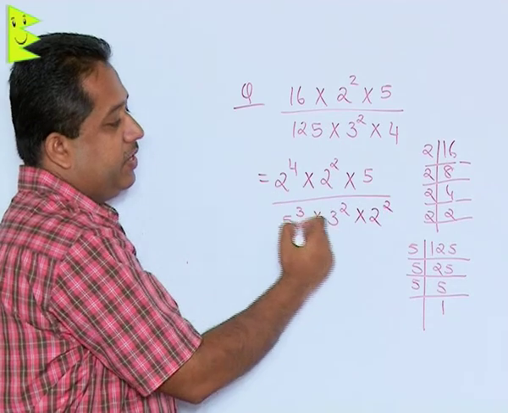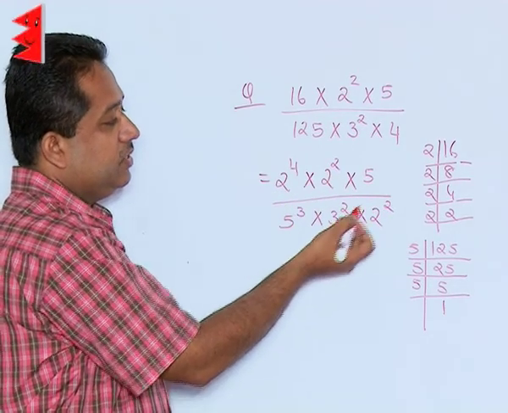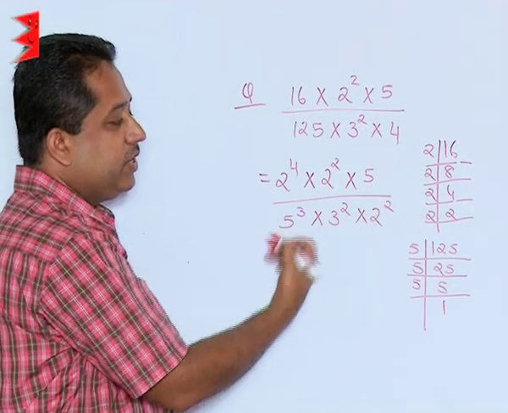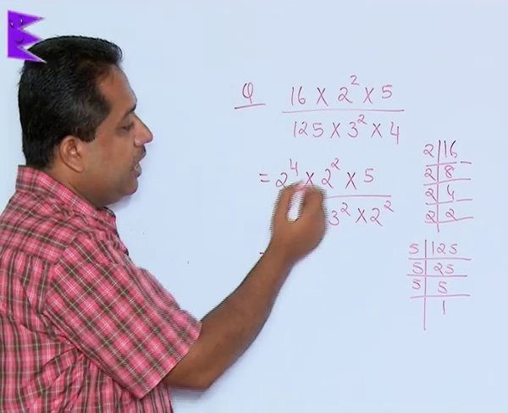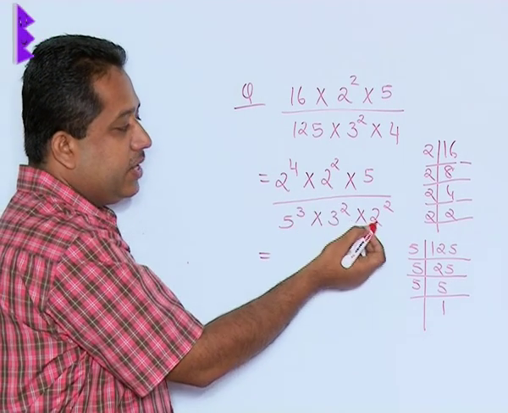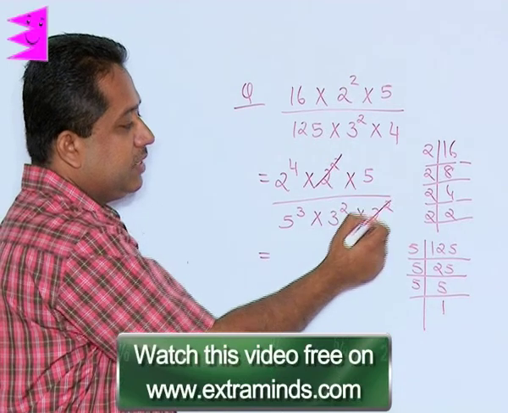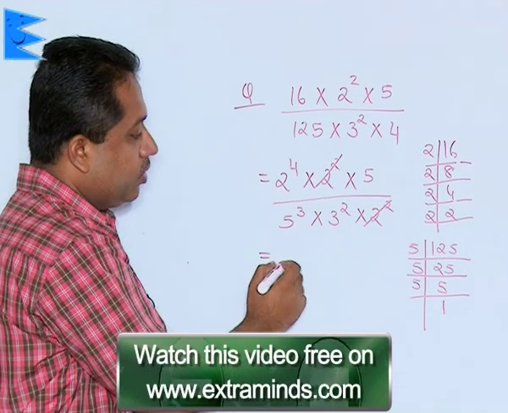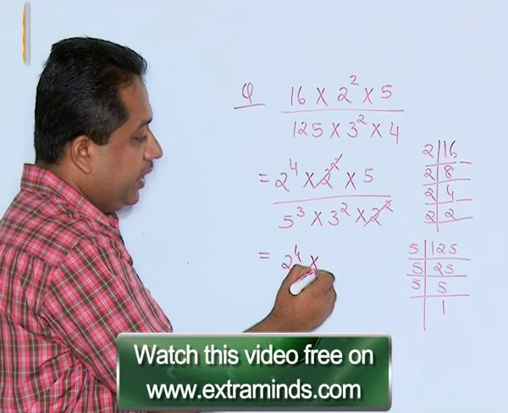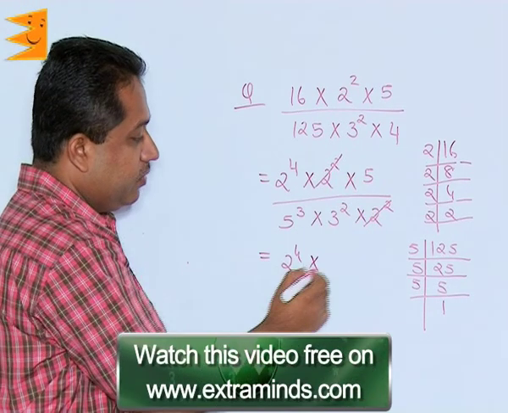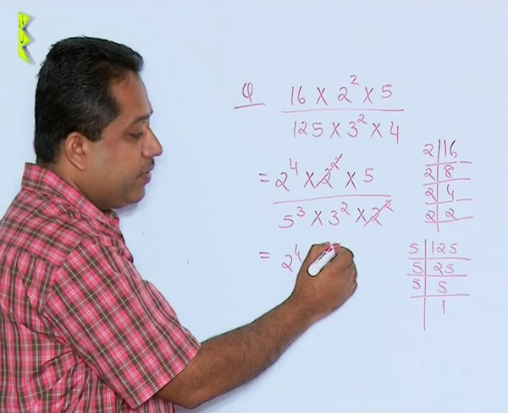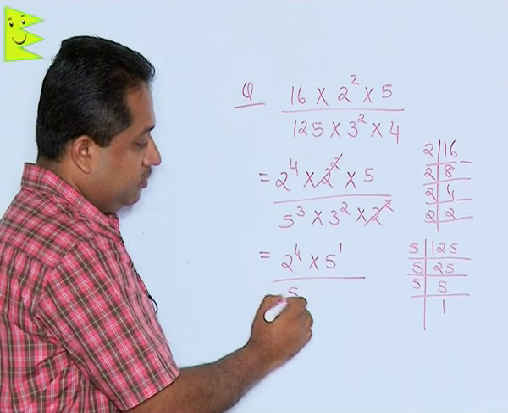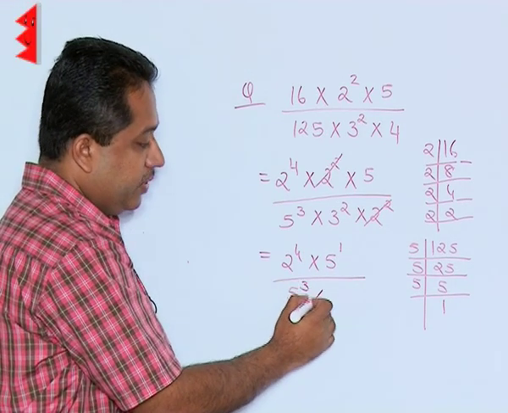So we have expressed everything in the factorized form and we have put the relevant powers. Now see, there is a 2 square here and a 2 square here, that's cancelling. Here we are having 2 to the power 4 into 5. Now this 5 has got a power 1, 5 cube into 3 square.